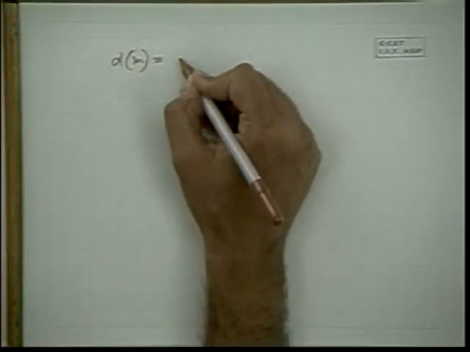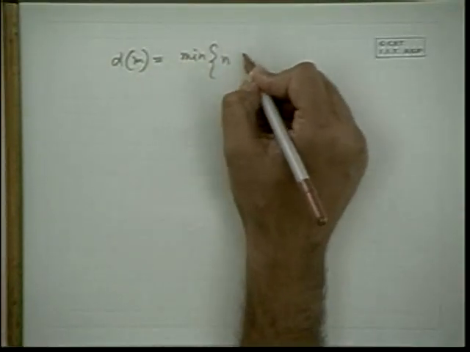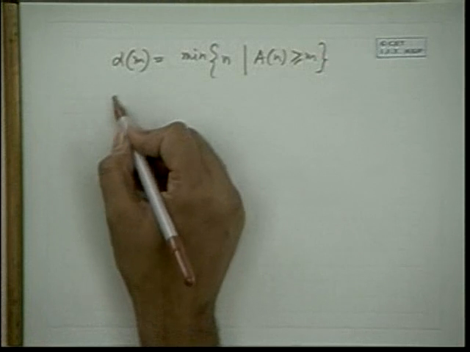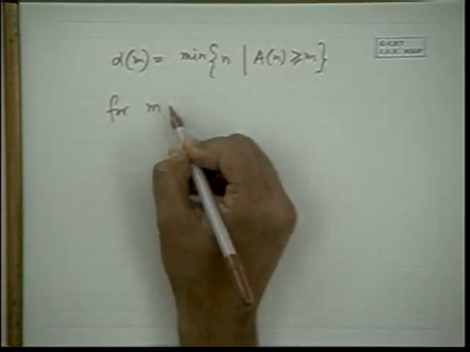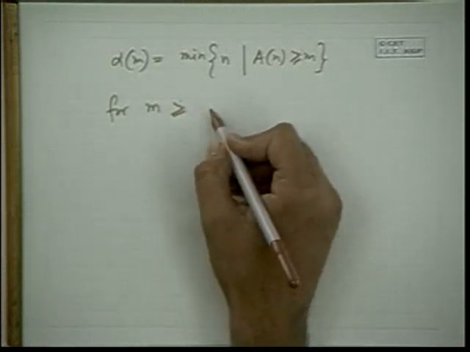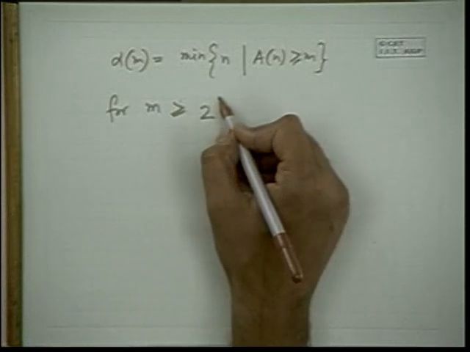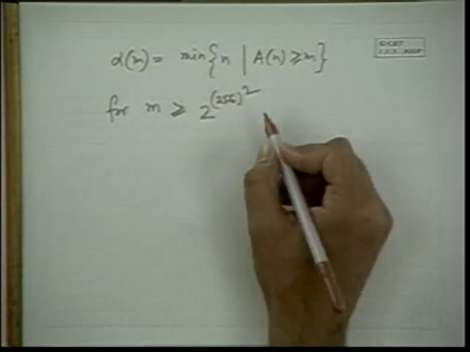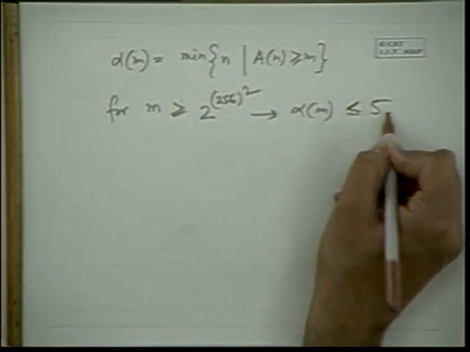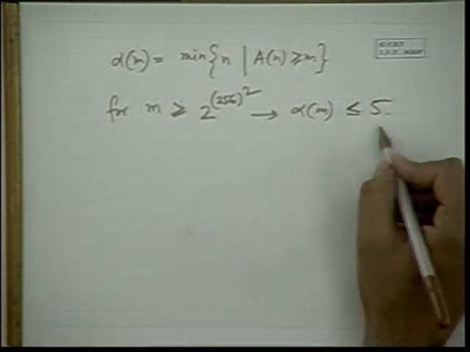So whenever you have m alpha m in the complexity, how do I define alpha m now? Alpha m is equal to minimum of n such that a of n is greater than m. And for m to be greater than say 2 to the power 256 square, alpha m is less than or equal to 5 or less than or equal to 6.